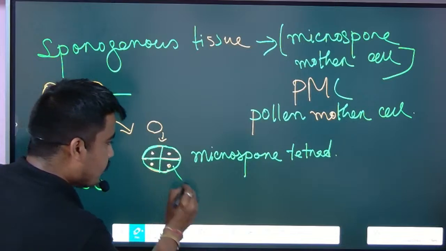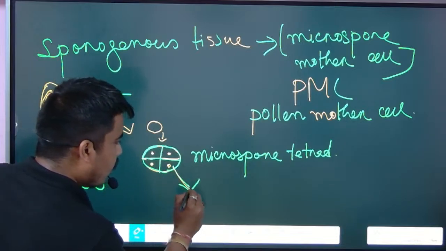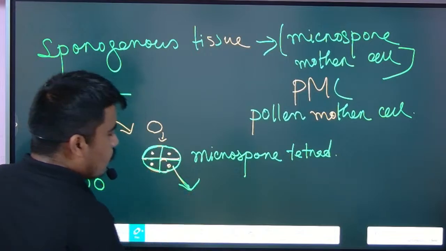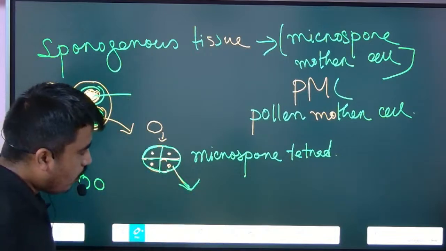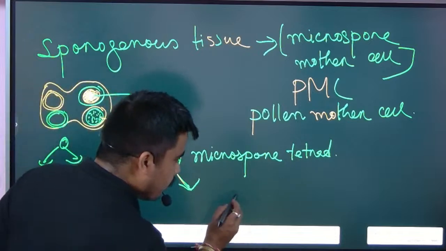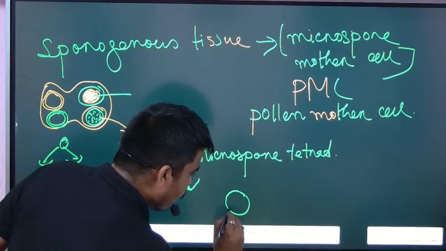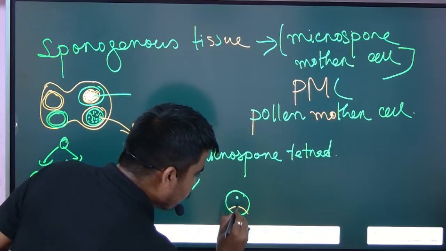So each cell in the tetrad will create a spore. Okay, it will form a mature spore, you can say. So in the mature spore, you will get 2 portions.